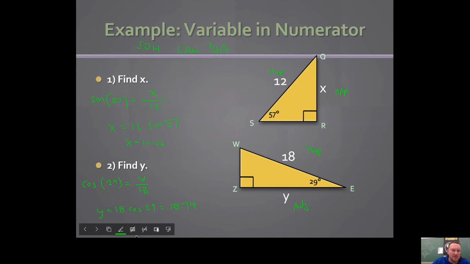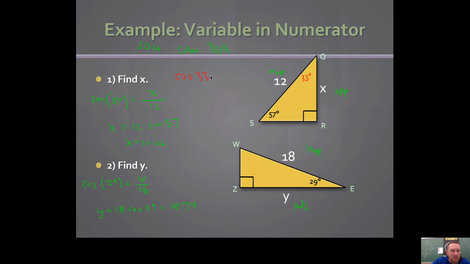Now, there may be some times where you might not want to use this 57. Maybe instead you want to use this 33. Notice how that changes. If you're going to use this 33-degree angle, this leg is now the adjacent leg, and this is the hypotenuse. So you would use cosine instead.